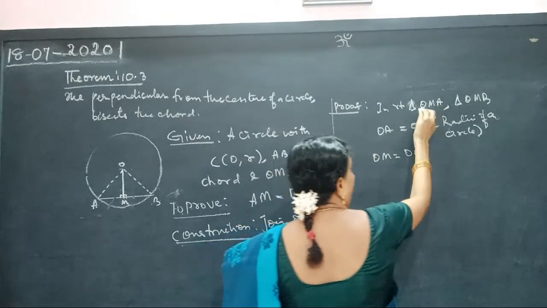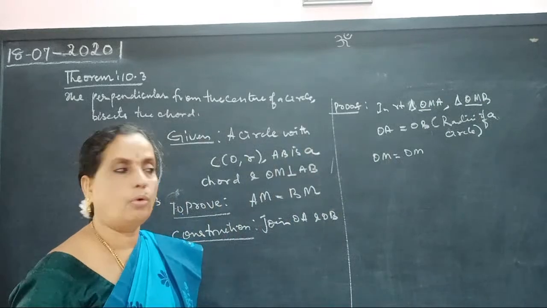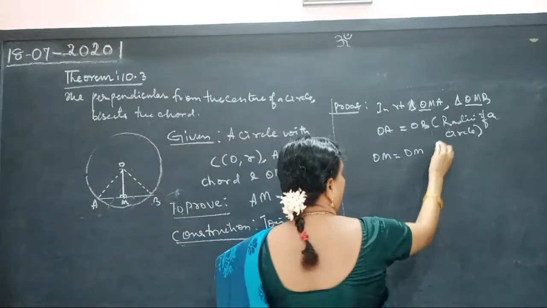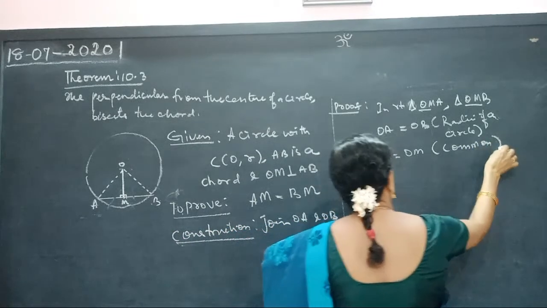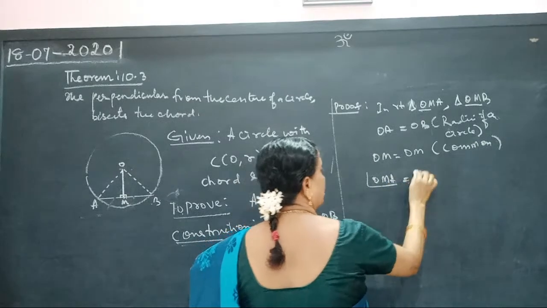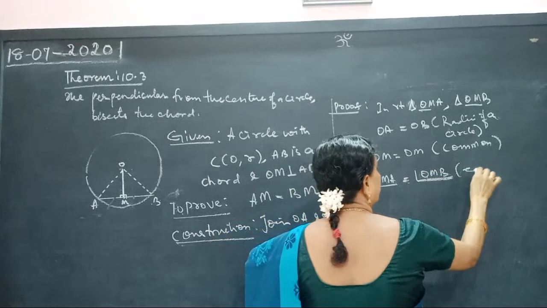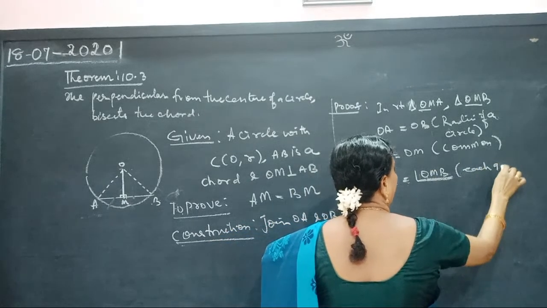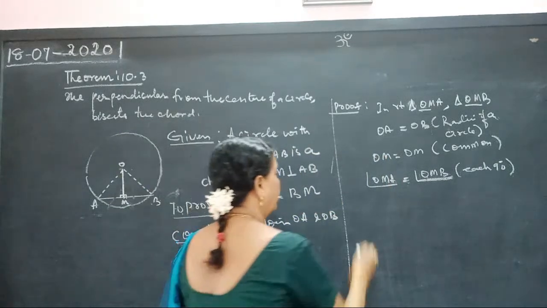This is the common segment for both the triangles. OM equals OM. In brackets you write common. Angle OMA equals angle OMB. Each right angle, so each 90 degrees.